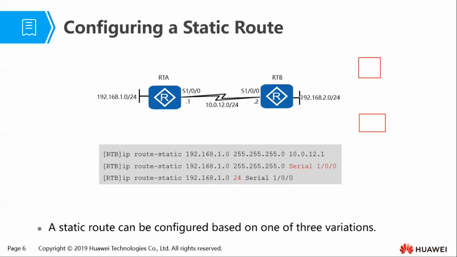The router is the gateway, and therefore, if we have two end devices that are connected to RTB, these end devices will have an IP address.